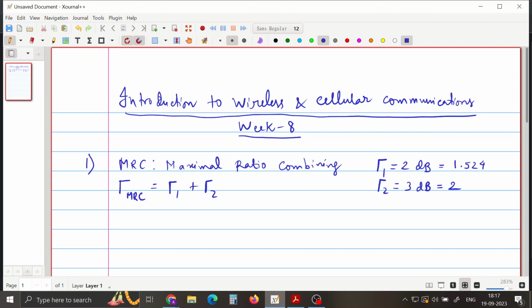So we just simply converted from dB to linear scale here, and these conversions should be just a cakewalk for all of you now, should be familiar with it. So now just plug in these values. Now if you just substitute these values, what do you get? Gamma 1 is 1.524 plus gamma 2 is 2. So total is 3.